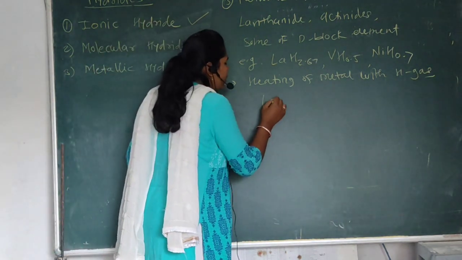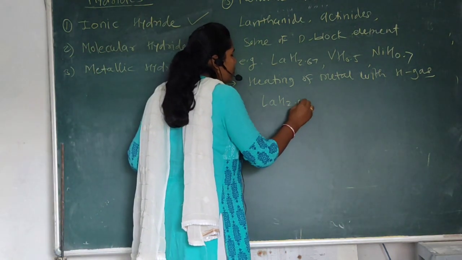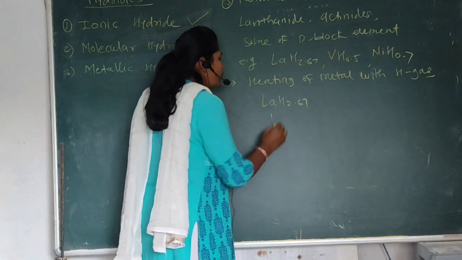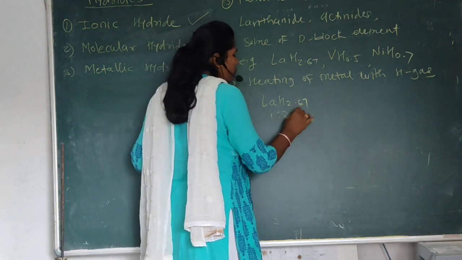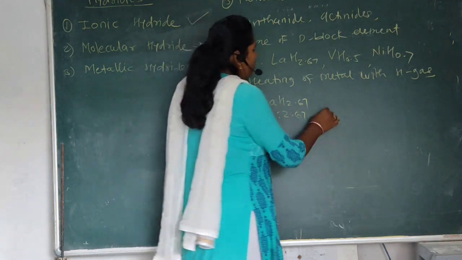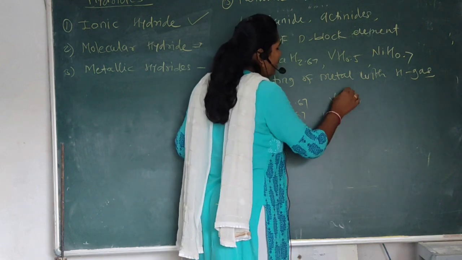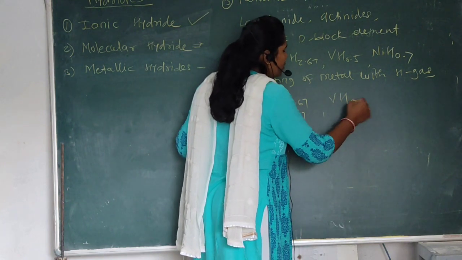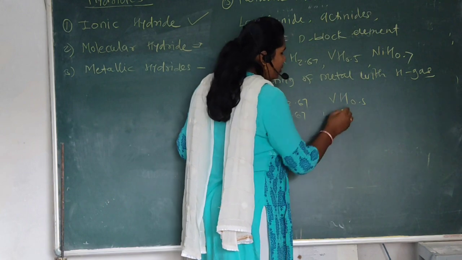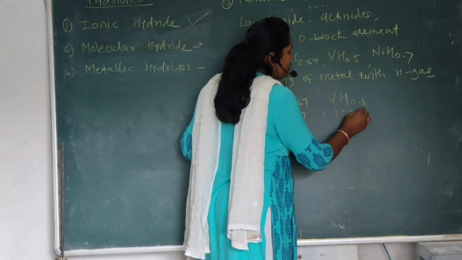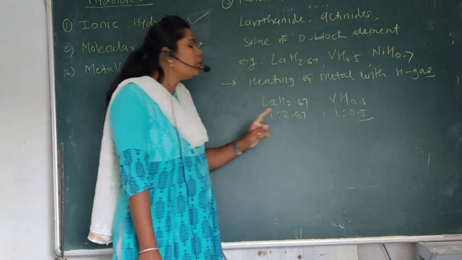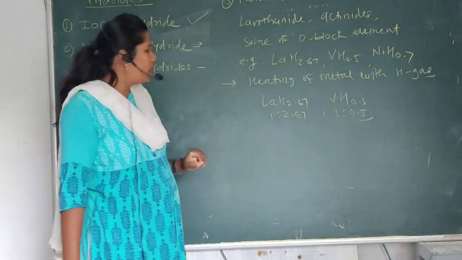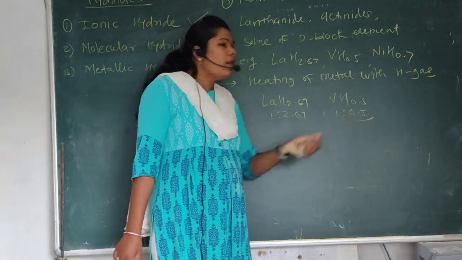If we consider lanthanum hydride, if the lanthanide is 1 proportion, then hydrogen has 2.67 proportion. In vanadium hydride, if vanadium has one proportion, then hydrogen has 0.5 proportion. The proportions are not the same. Their proportion of hydrogen is a partial value.